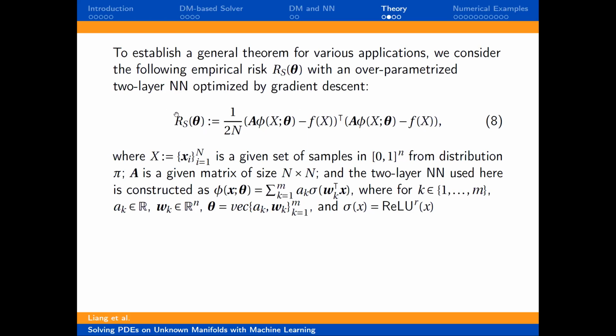The empirical risk R_S is defined as the mean square error given the training data points S. Here A is a matrix of n by n, and in our specific application, A represents the discretized differential operator on the given data points S. We have a neural network of this form, where m represents the width of the neural network, and we consider the activation function to be the root of s to the power r.